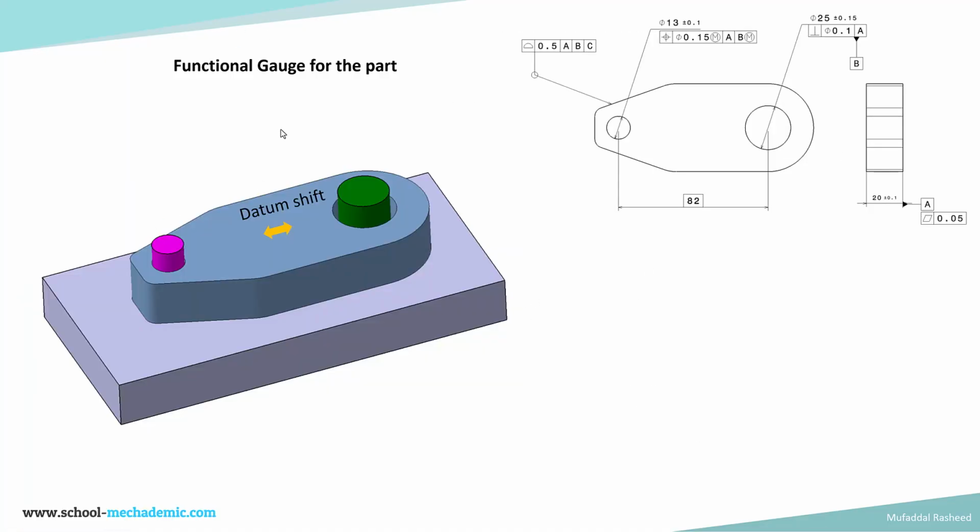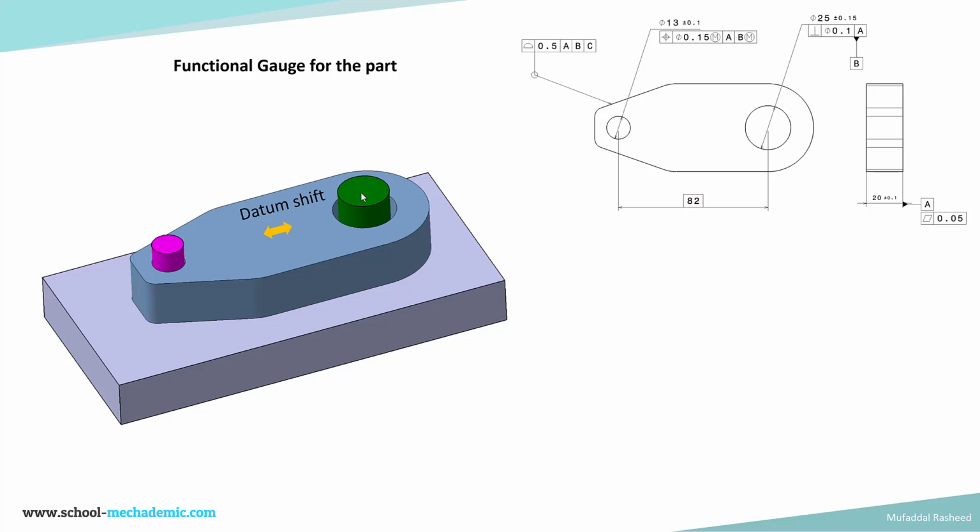So if we look at the functional gauge for this part based on this drawing, it will look something like this. The part is first rested on top of the datum feature simulator for A, that is, this surface. This surface is rested on the surface plate, and then this green color pin is inserted.